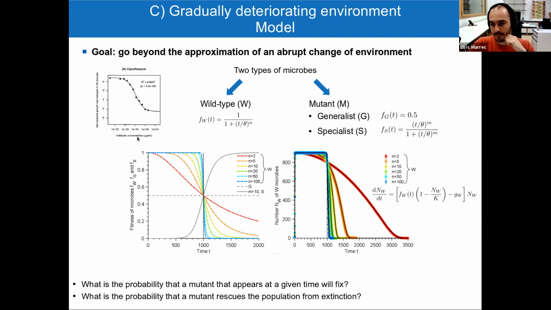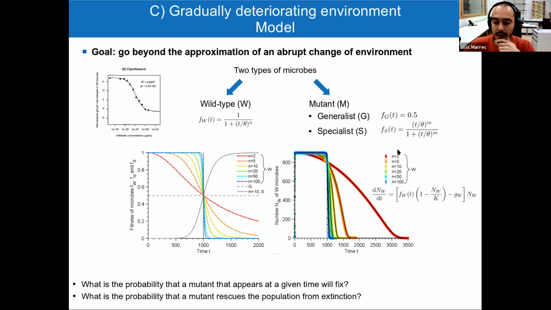So if you just consider a population of wild type individuals evolving with such a fitness, you get such a population dynamic. In this figure, I'm plotting the number of wild type microbes versus time for different Hill coefficients, and as you can see, all of them go extinct.